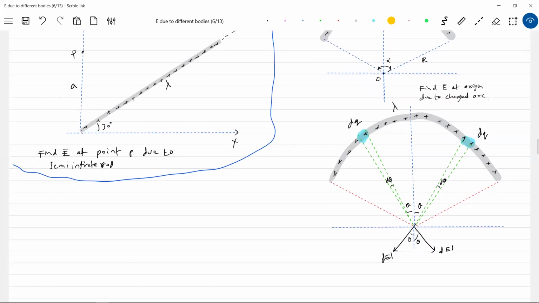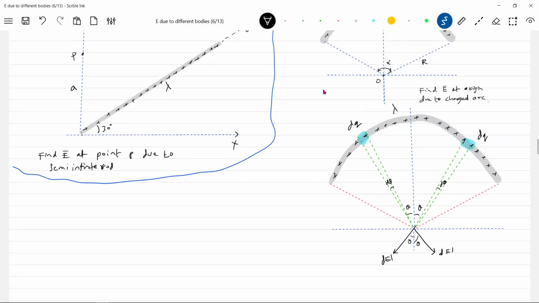Okay, let's get into the mathematics of this one. First we'll define dE dash is equal to K dq by r square, where r is the radius. dq will be lambda into ds. What is ds? R d theta, the angle subtended by the arc.